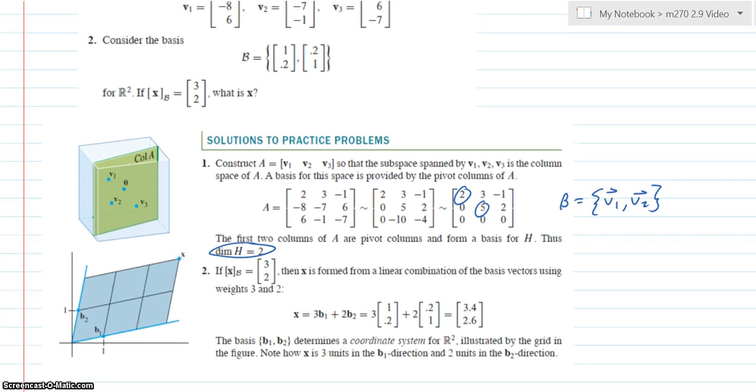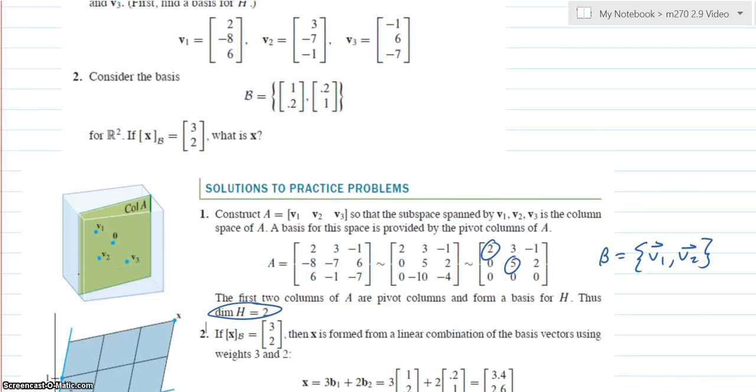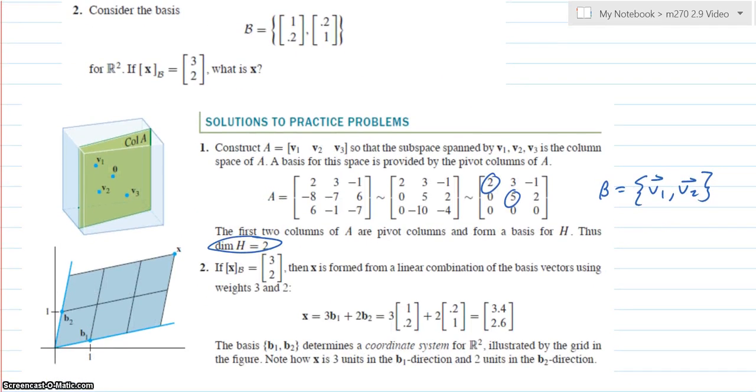Here's the solution to number 2. Let me see if I can get that all on one page. So they say if the B coordinate vector of x is 3, 2, then x is formed from a linear combination of the basis using 3 and 2.